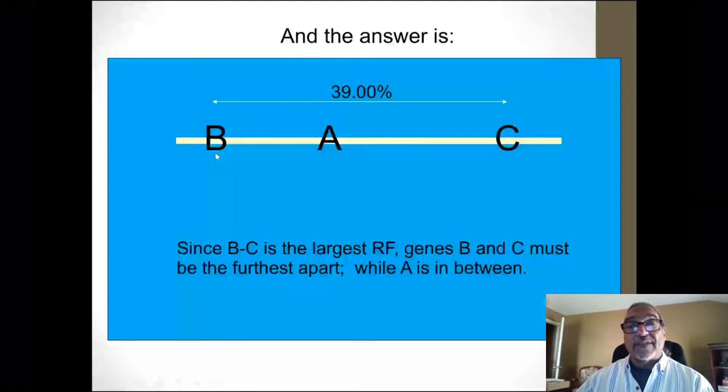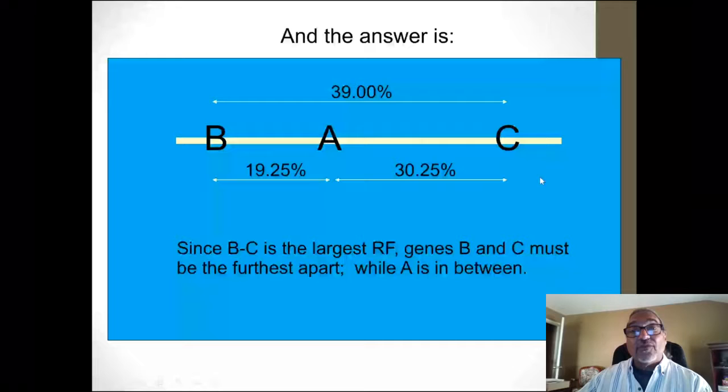We know that B and C are furthest apart because they're 39% apart. We know that B and A are 19%, so A is a little bit closer to B than it is to C. And so we can begin to actually form our genetic map of this particular chromosome by looking at the recombination frequencies between the pairs of genes.